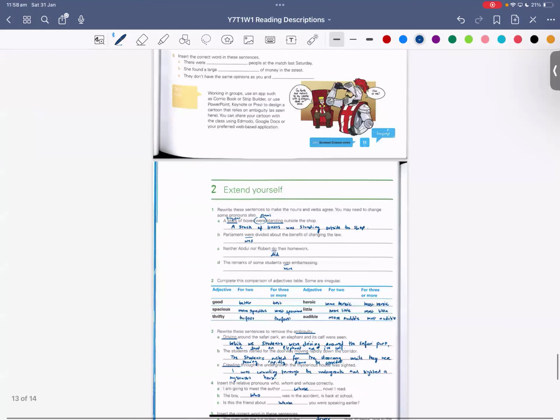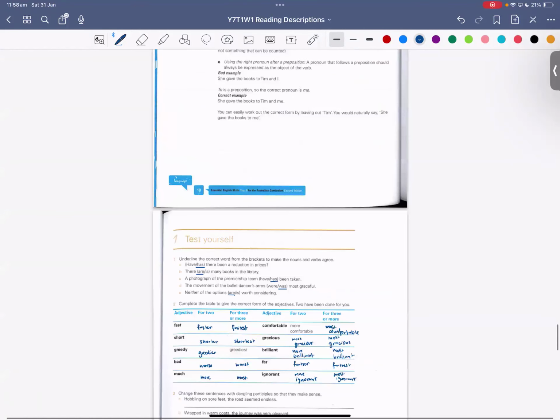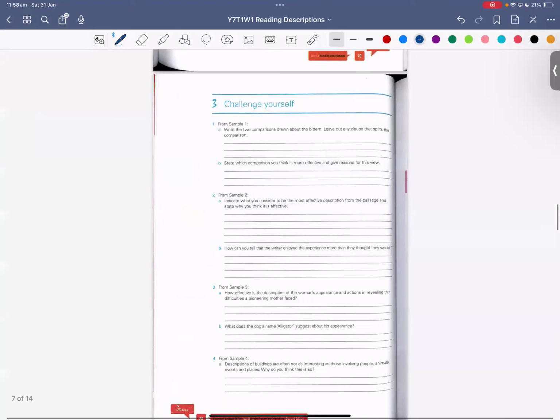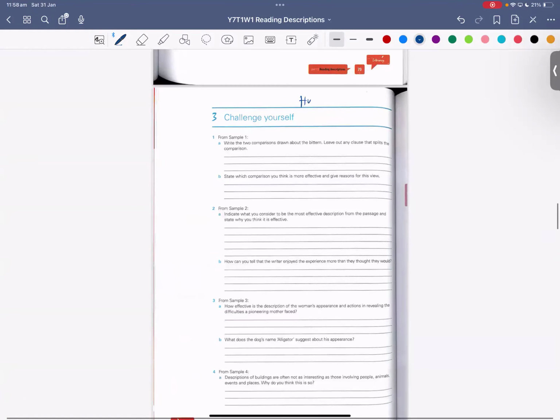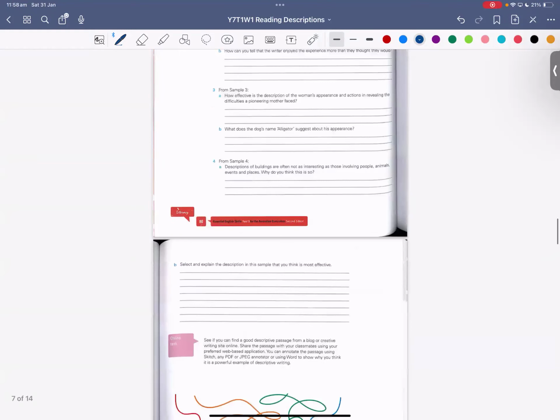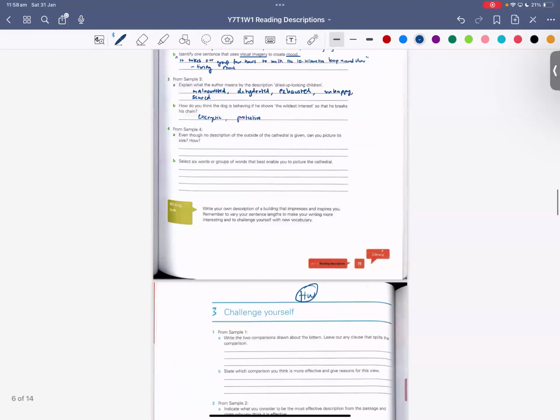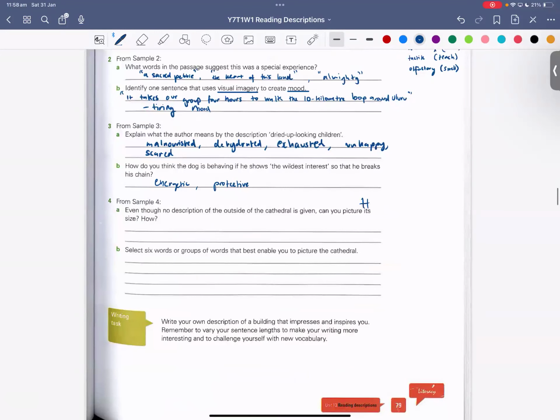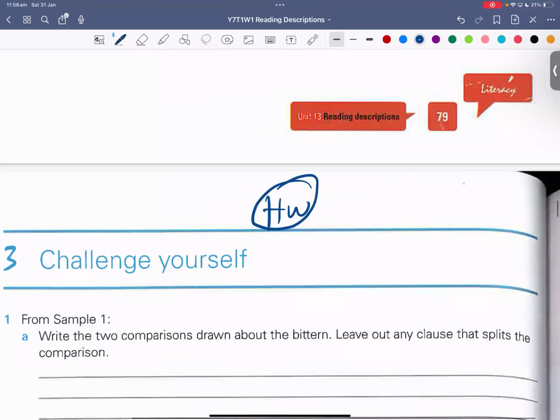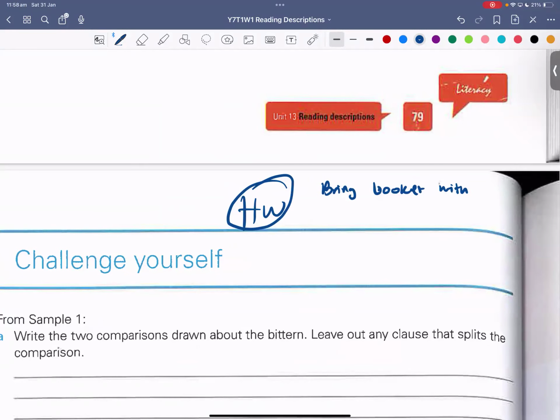Okay, so for homework, just mark it on these pages. This is your homework, challenge yourself. This is your homework. And also this. So for homework, bring a booklet with finished homework next lesson.